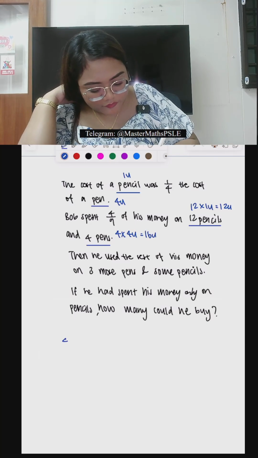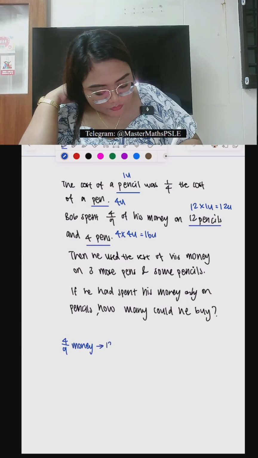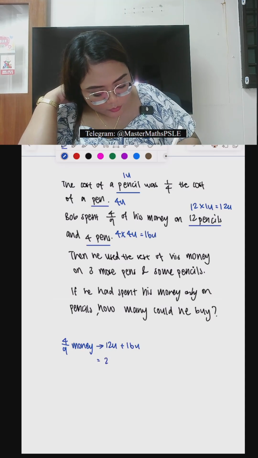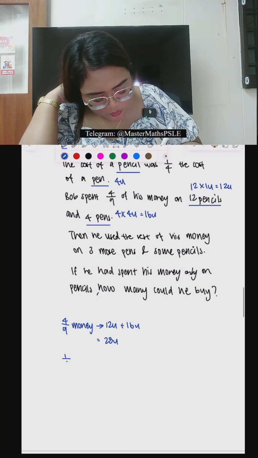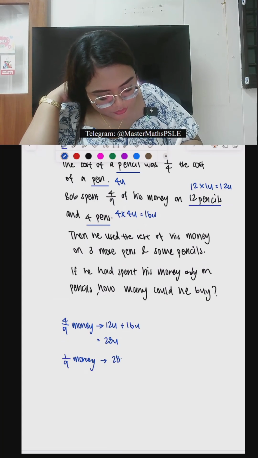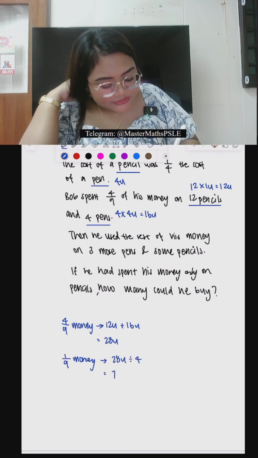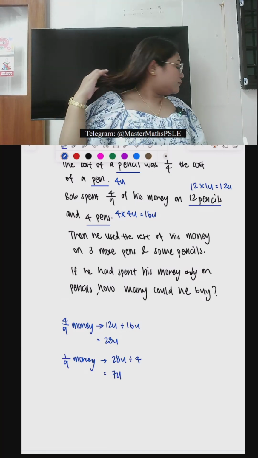So 4/9 of his money is 12 units plus 16 units, and that will be 28 units. Okay? So that means 1/9 of his money must be 28 units divided by 4 to give us 7 units. This part can follow so far? Ida, okay?